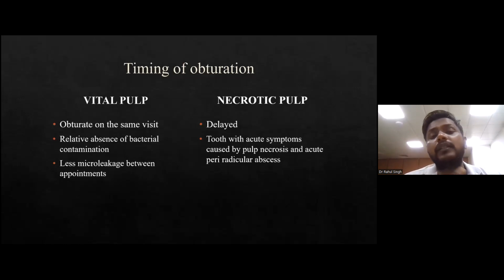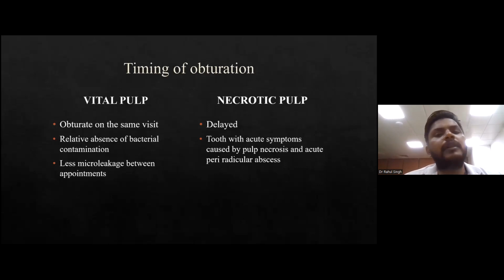If we are diagnosing the tooth as a necrotic pulp, we can delay our obturation, because in a necrotic pulp we should again look at the symptoms. If there are acute symptoms, the patient comes in with really severe pain, with cellulitis, with pulp necrosis, or there is abscess drainage, you can delay your obturation. Cleaning and shaping should be done in the same visit itself.